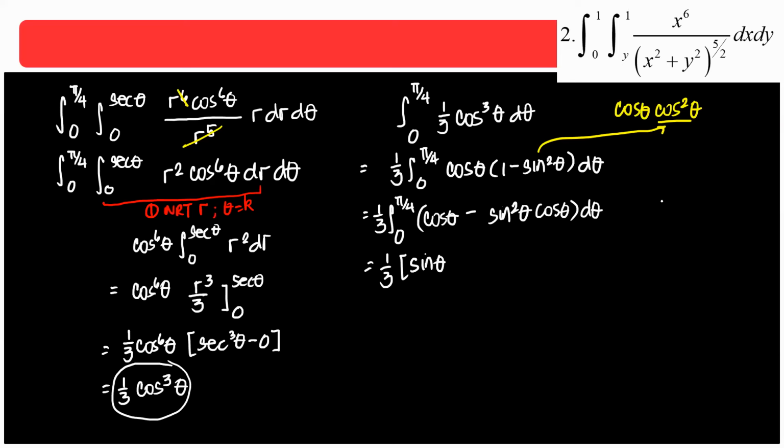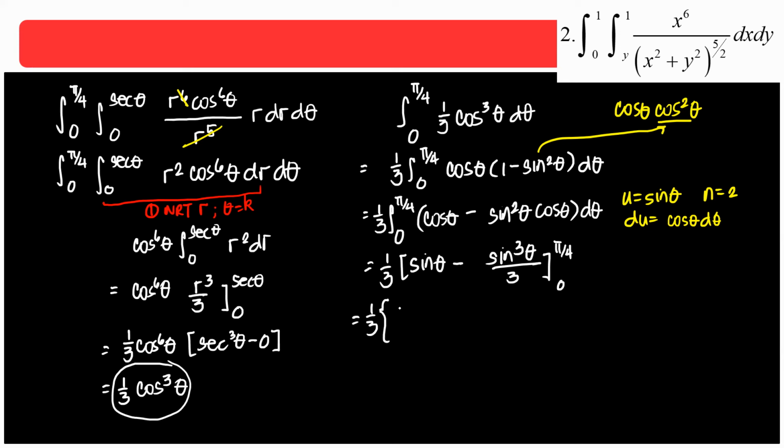For the next one, if u is sine theta, then du is cosine theta d theta. I have all the parts here. So this is sine minus sine to the 3 over 3 coming from 0 to pi over 4. So let's plug in.